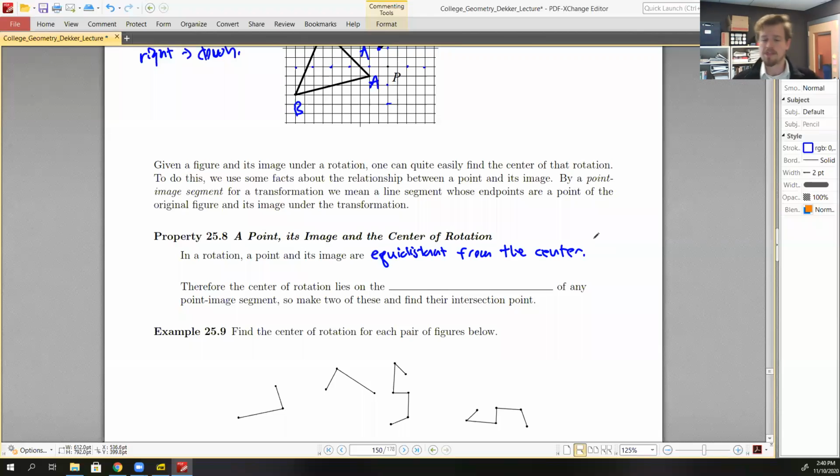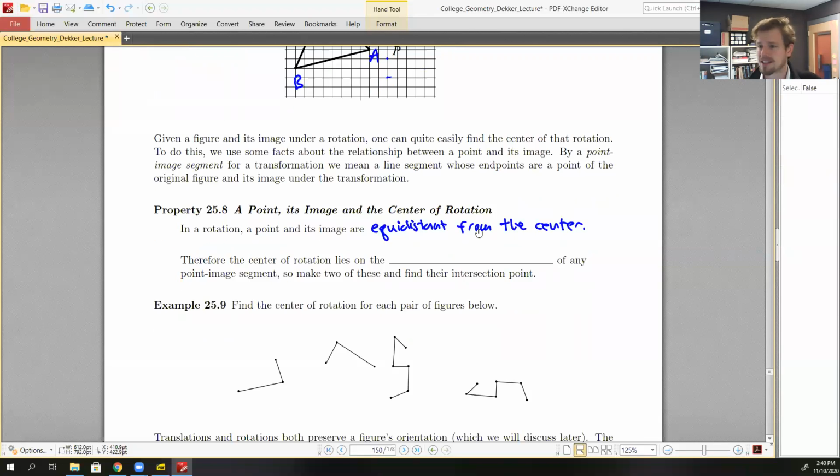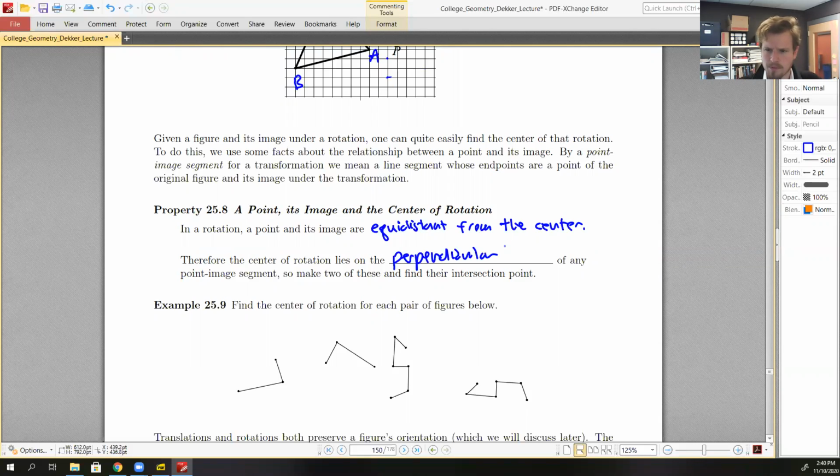So that would mean that if we have a geometric figure and its image under a rotation, then we could actually find the center. Because if they're equidistant from the center, then the center must lie on the perpendicular bisector of any point image segment.